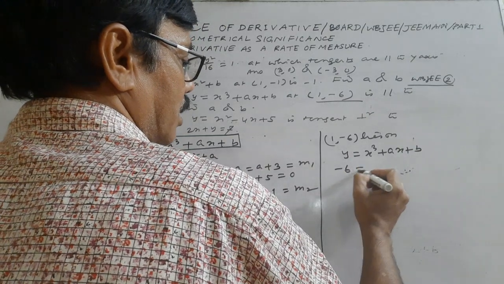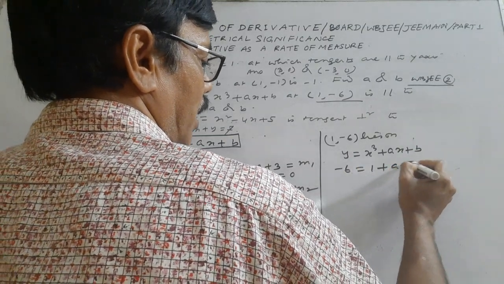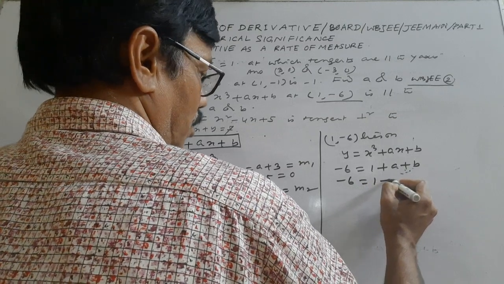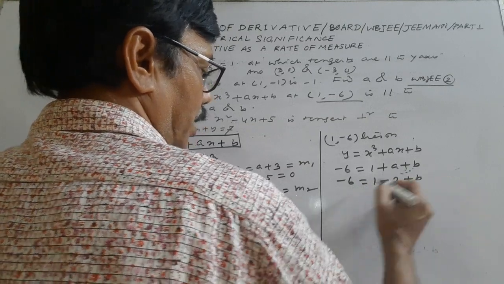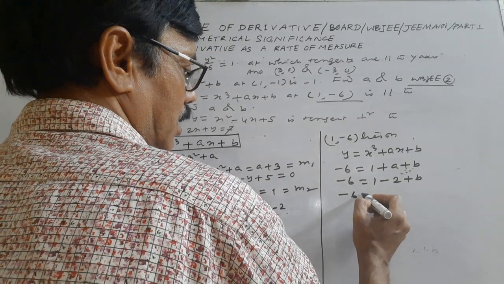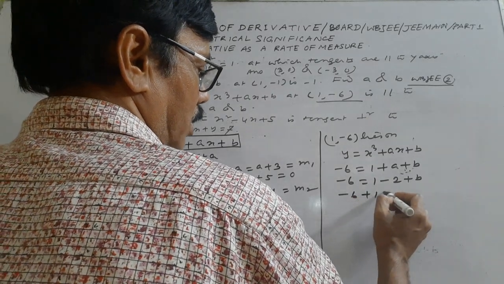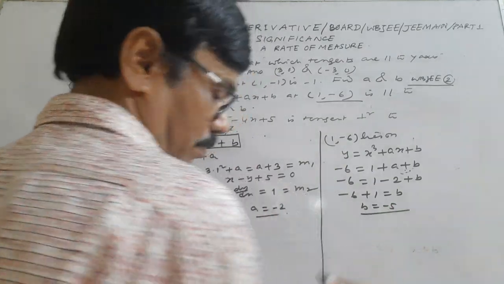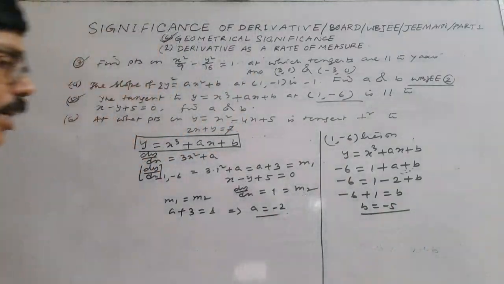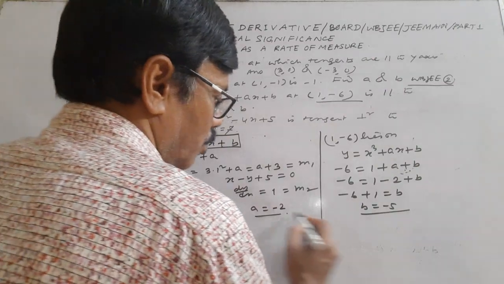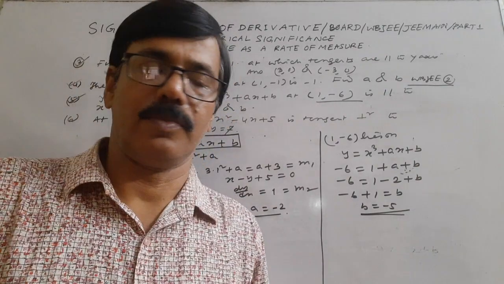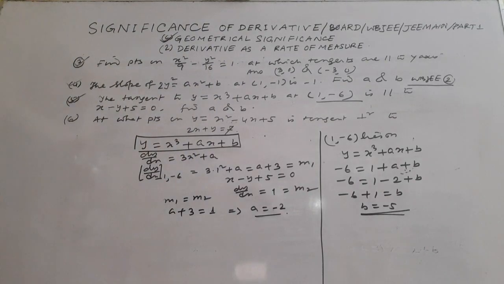So -6 equals 1 plus a plus b, so -6 equals 1 minus 2 plus b. So -6 plus 1 equals b, so b equals -5. So we get a equals -2, b equals -5. This is also a WBJEE problem.